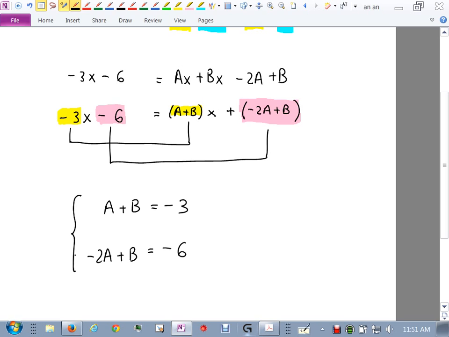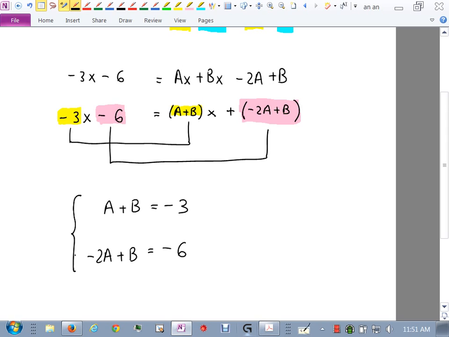And if you have a system of linear equations, you can usually solve that system as long as you have as many equations as you have variables. So I have two variables, I have two equations, I should be able to get a unique solution. And now you use either elimination or substitution to solve this, right?